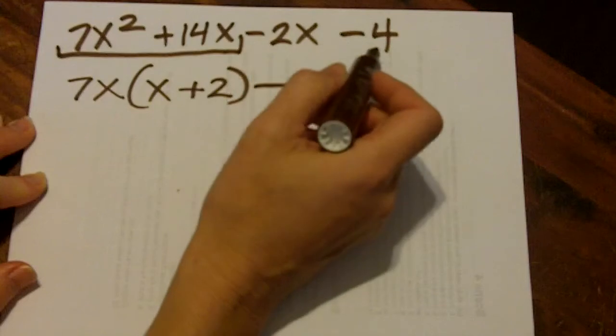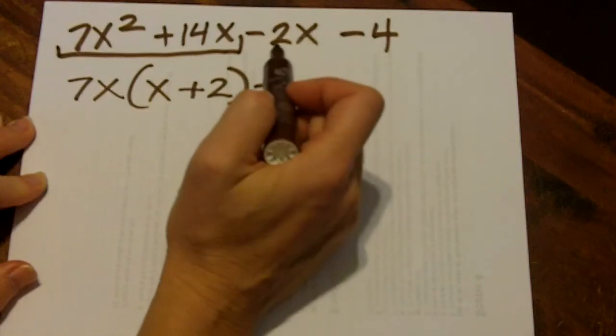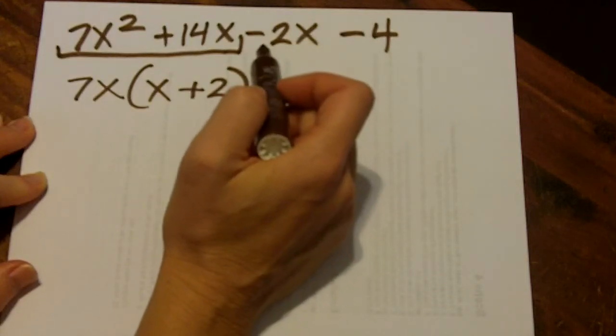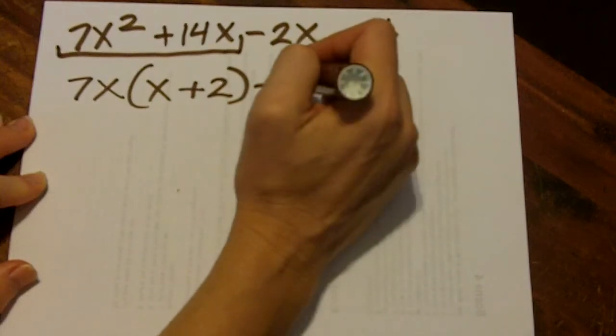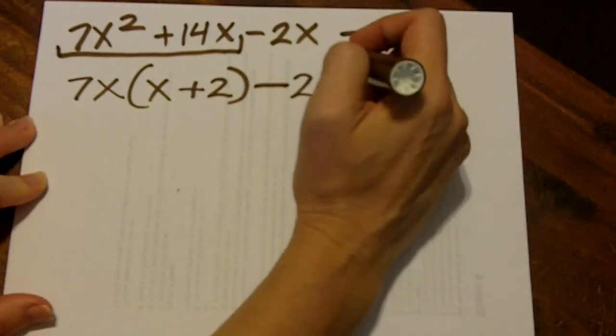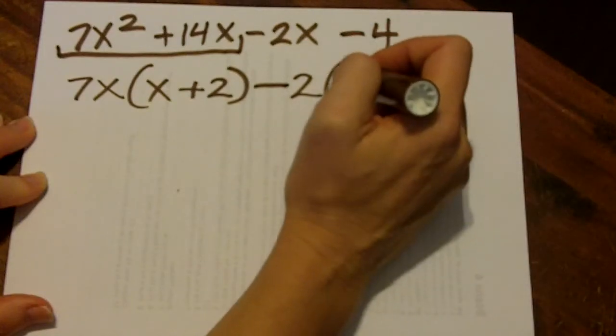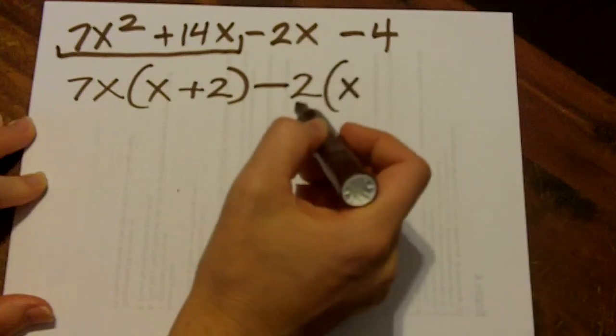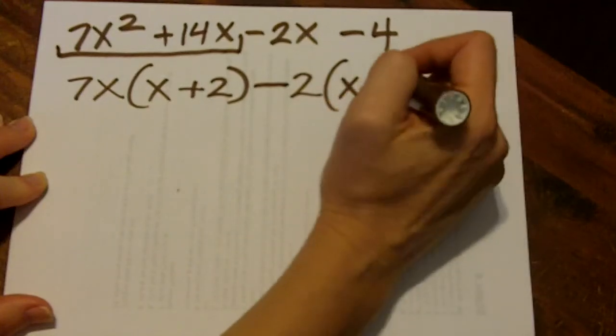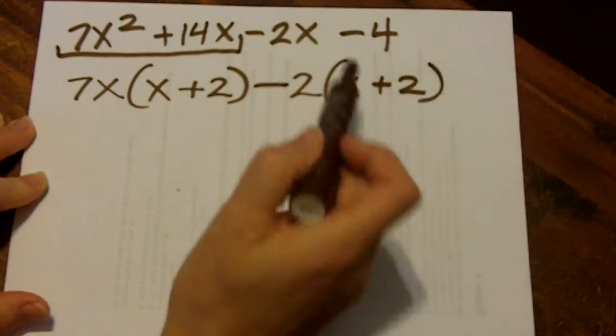And I'm going to look for a GCF of negative 2x and negative 4, which is going to be negative 2. What are my leftovers? X, because negative 2 times x gives me negative 2x. Negative 2 times positive 2 gives me a negative 4.